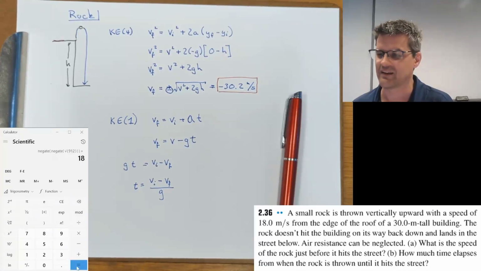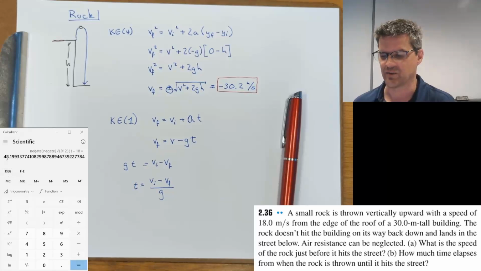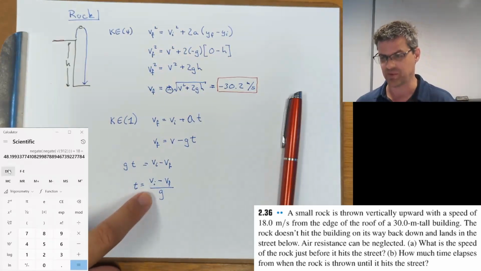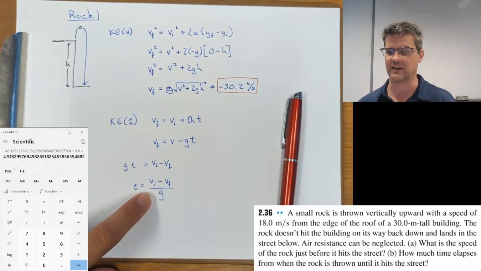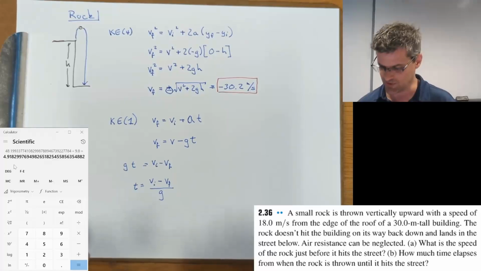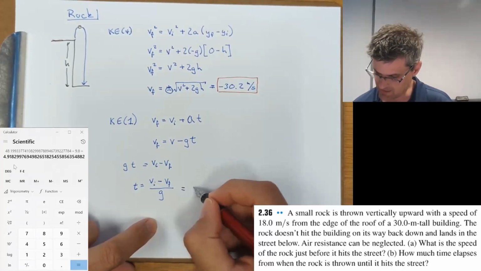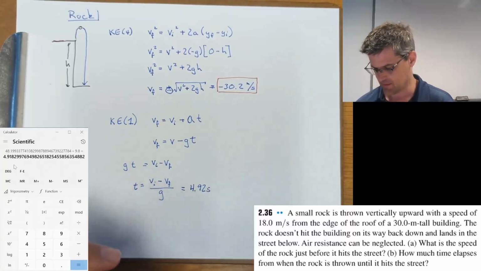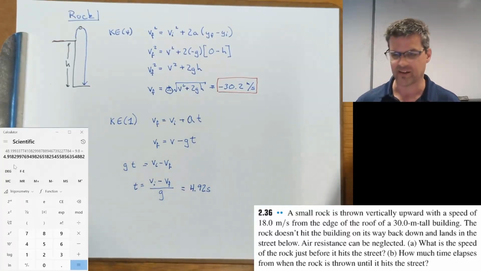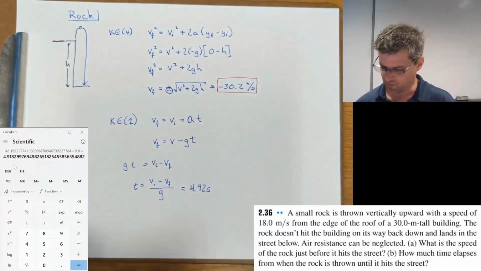So the speed actually changed by 48 meters per second. Plus 18 to minus 30 is what happened. But it's a positive number. Divide by 9.8. The time it is in the air is 4.92 seconds. That's how long it was in the air before it hit the street.